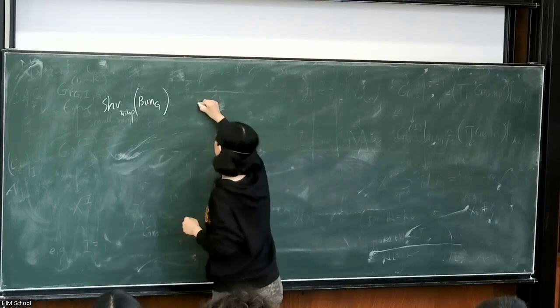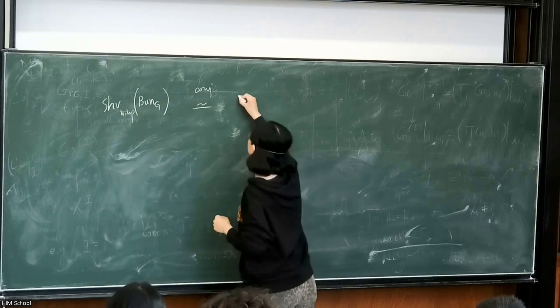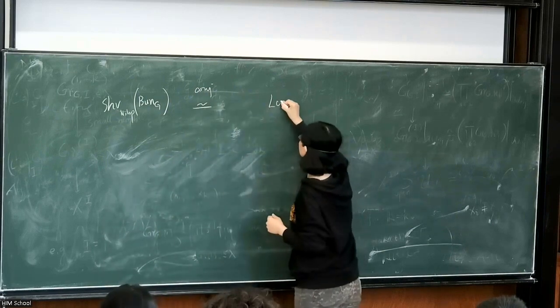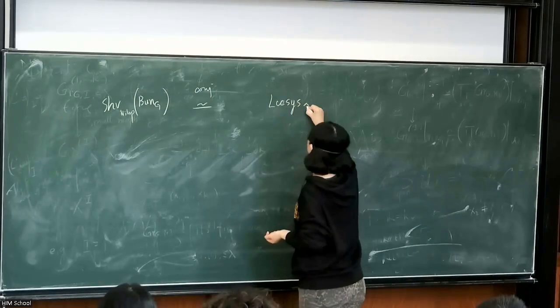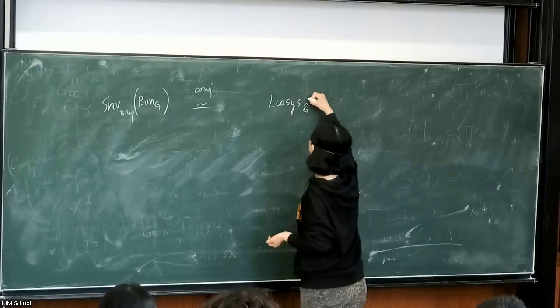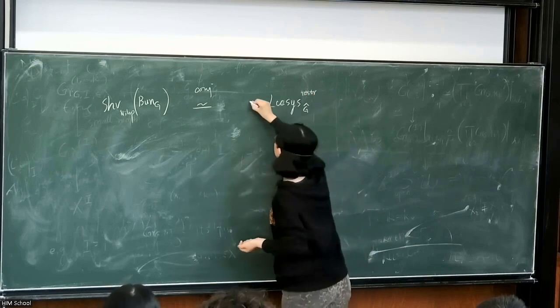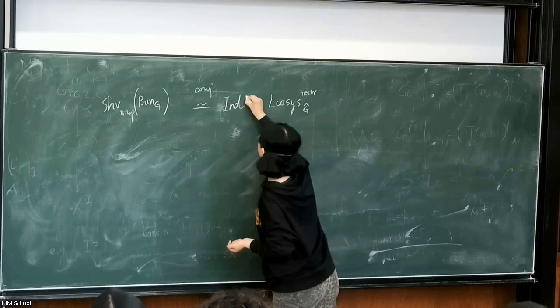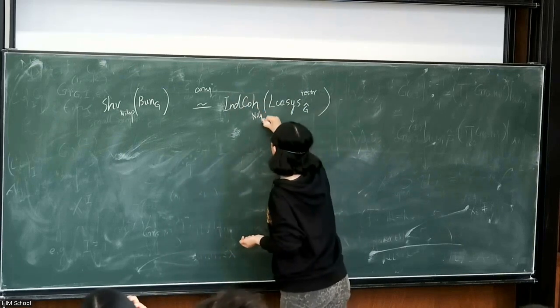And they have a conjecture, an equivalence between this and the Langlands side, some local systems related to G hat, the category of ind-coherent sheaves with nilpotent support.